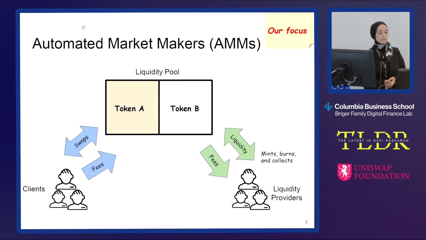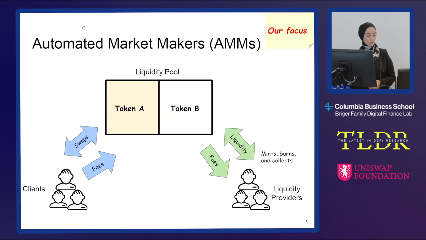AMMs build a platform for automated token trading where they establish liquidity pools, such that a liquidity pool is used to trade two tokens, or a pair of tokens, against each other. Clients submit their trading orders in the form of swap transactions, and they pay fees to the owners of the liquidity that was used to fill their orders.